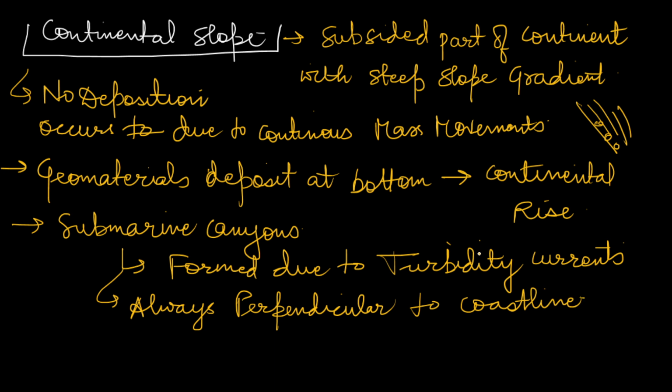So this was about continental slope. Through a diagram, because I have written about continental rise here also, we will discuss what continental slope and continental rise are. You will have a clear concept from that diagram.